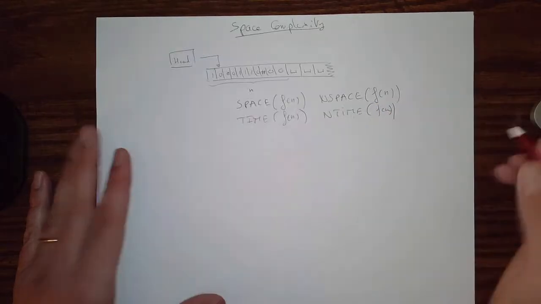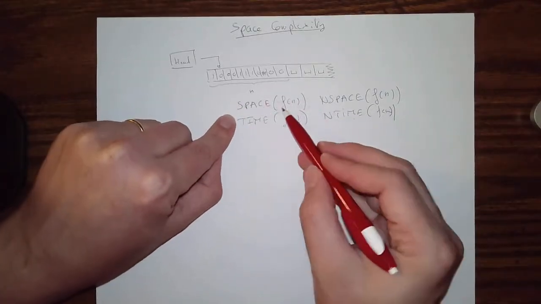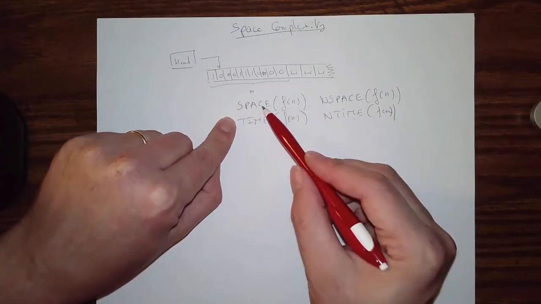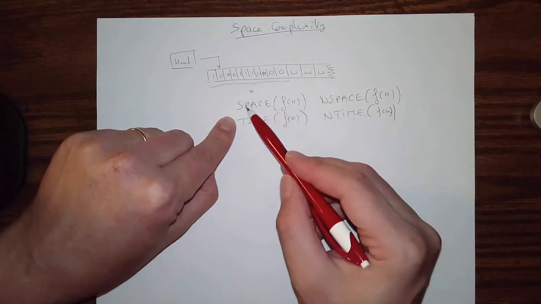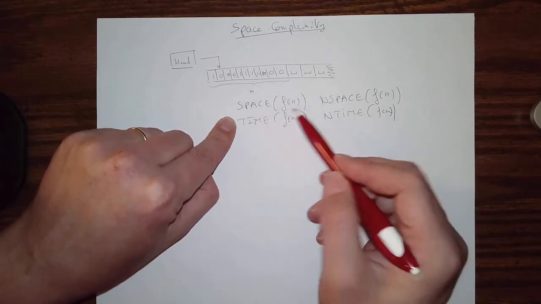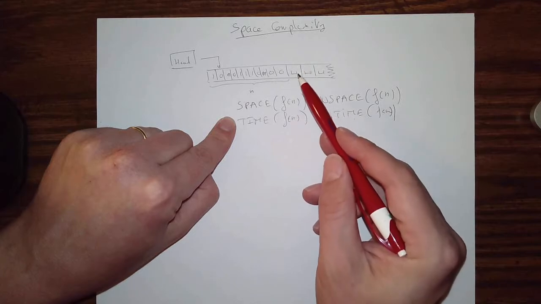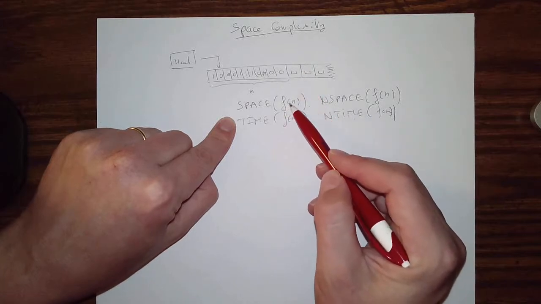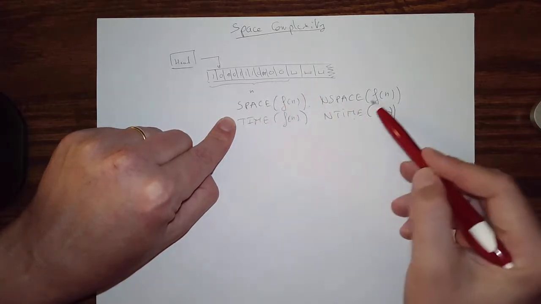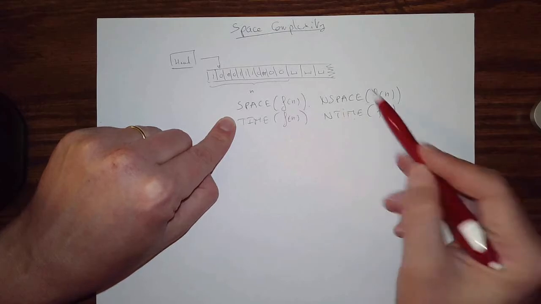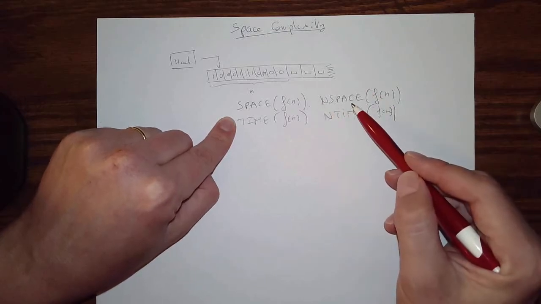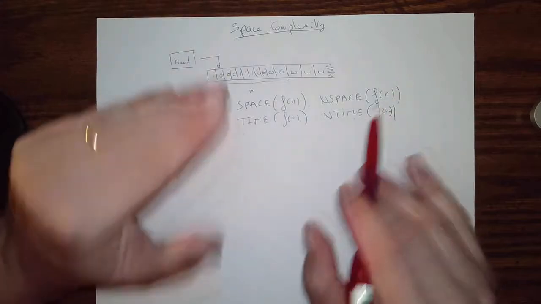So what does it mean? Of course, it's going to depend on f, right? SPACE f of n is the class of languages that use f of n cells with a deterministic Turing machine, and NSPACE f of n is the class of languages that use f of n cells with a non-deterministic Turing machine. We'll see what's the difference between both.